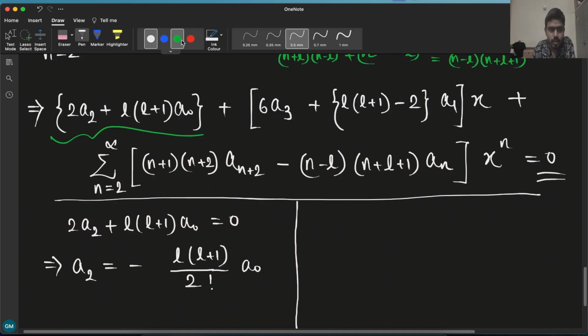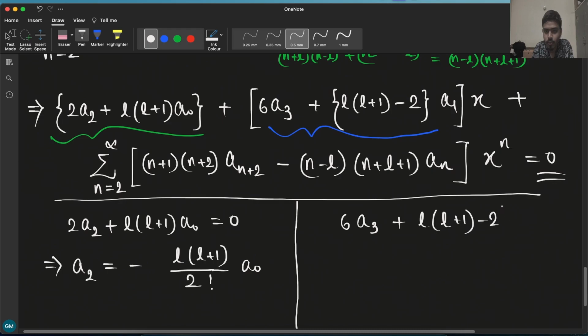On this side, if I take the coefficient of x equals 0, it will give me 6a3 plus L into L plus 1 minus 2 times a1 equals 0, which gives me a3 equals minus, okay, I can simplify this term also.